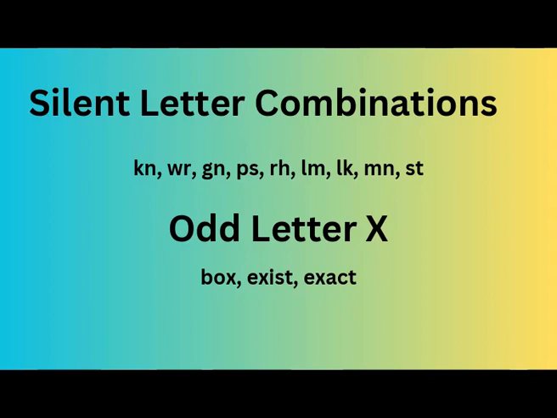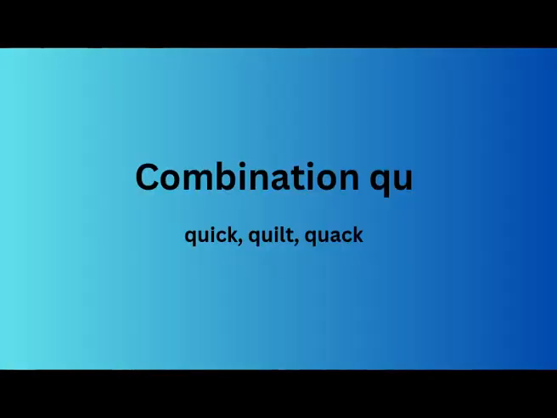In the word exact, you hear the gz. Then we have the combination QU. These two letters always appear together in the English language, and they stand for two separate sounds. K-w, k-w, like in the word quick or quack.